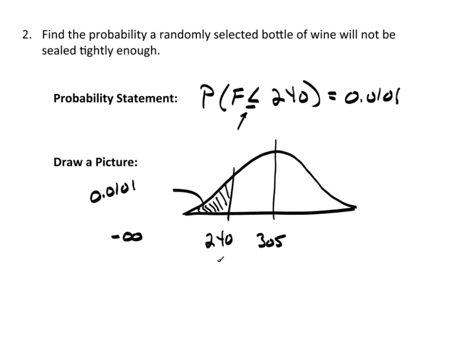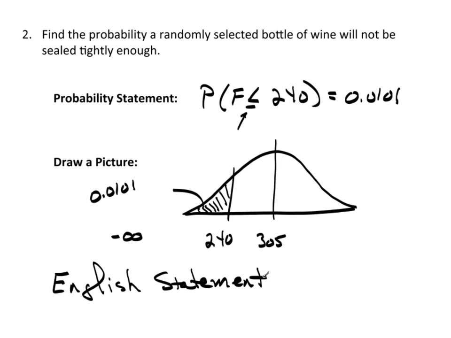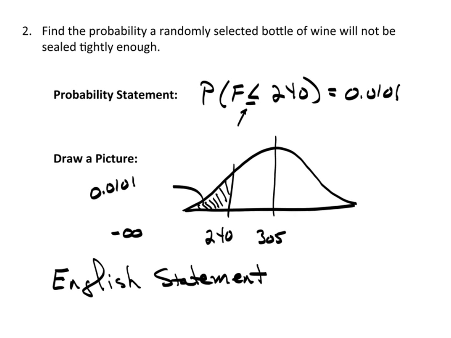Now, what I didn't do in the first one, and you need to start doing, is the English statement. And the English statement is simply taking your findings and putting it into an English sentence or two, whatever's required, to state what you just found. So you would say here, I'm not going to write it, I'm just going to say it for you.